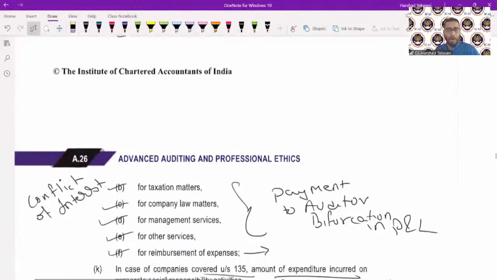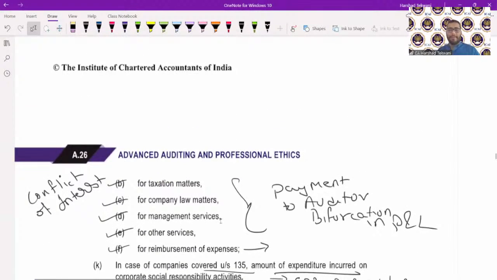Payment to auditors as an auditor or for management service: for example, there is some other firm which is part of a network or group related to us, but it is dealing in management consultancy services.